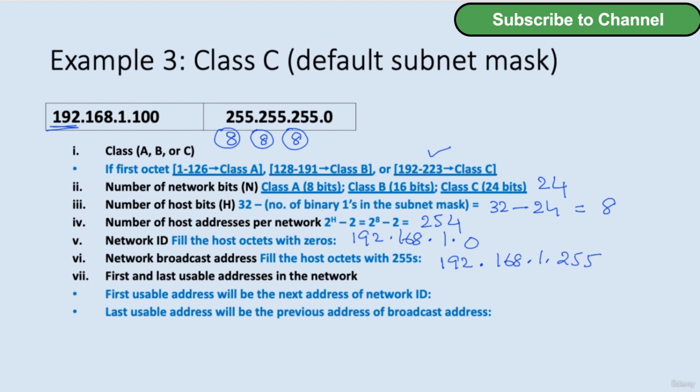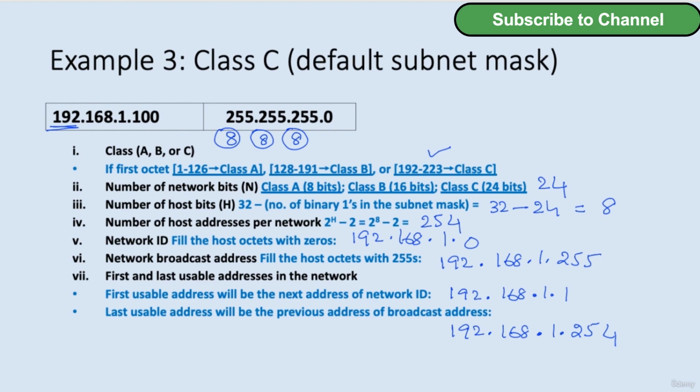First usable address is the next of the network ID, that is 192.168.1.1 in this case, and the last usable address is the previous of the broadcast address. So 192.168.1.254.